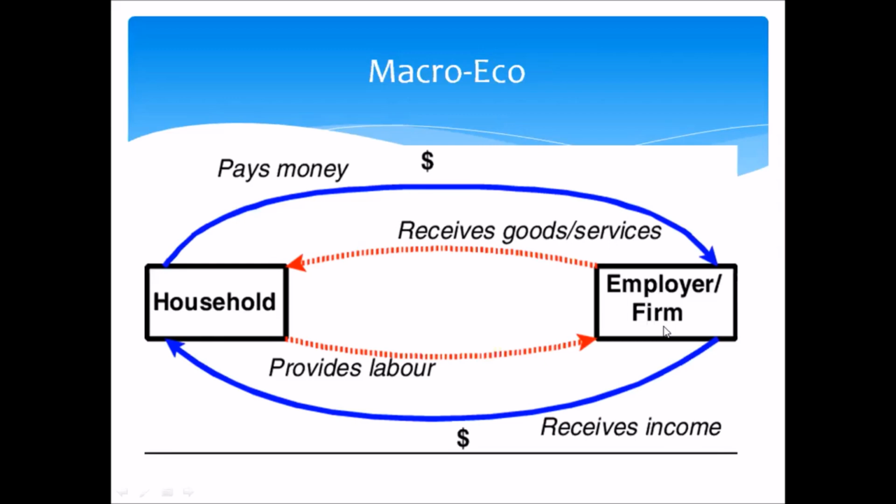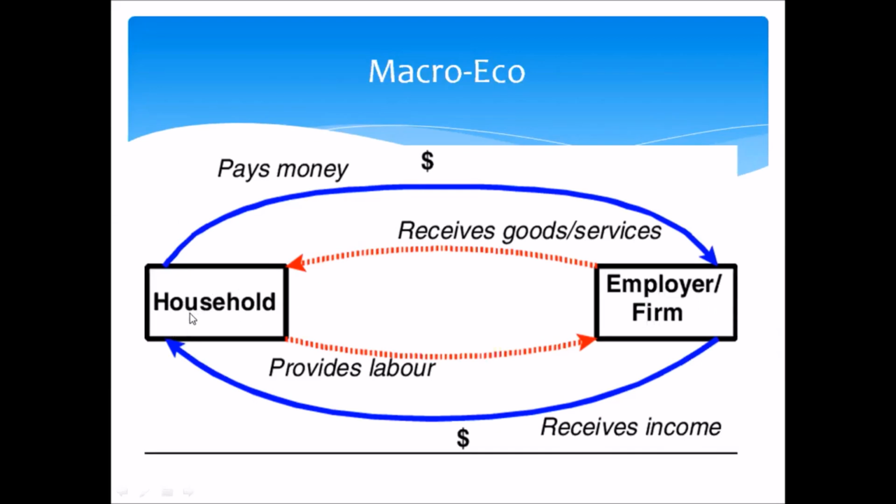There is always a good amount of interaction between your household group and your employer or firm, in order to make sure that there is always an exchange of goods and services with that of income, right? So for example, if we take Apple iPhones, Apple is a company which is based out here, and then households are all our consumers, like me and you.